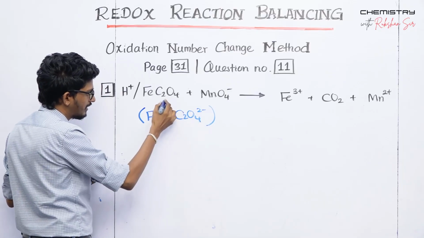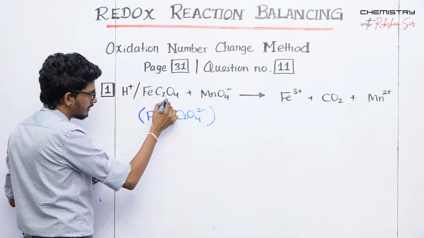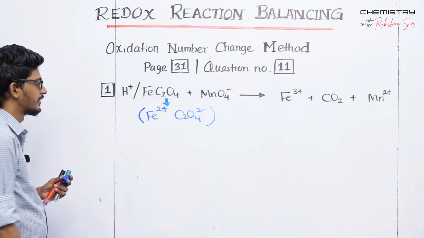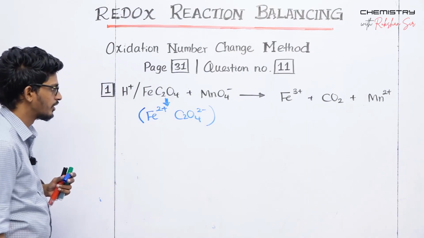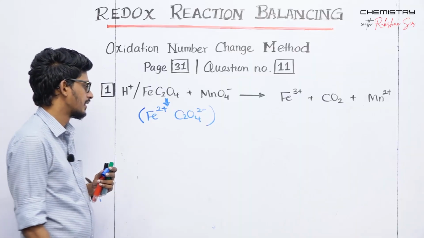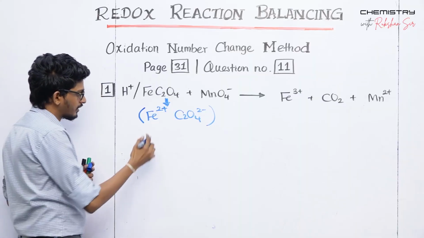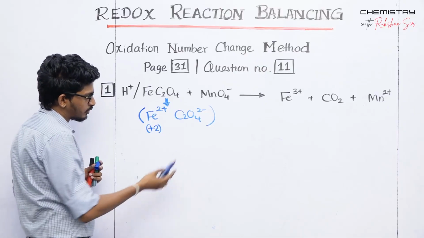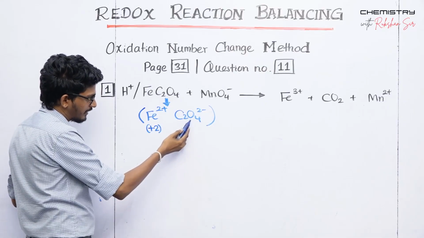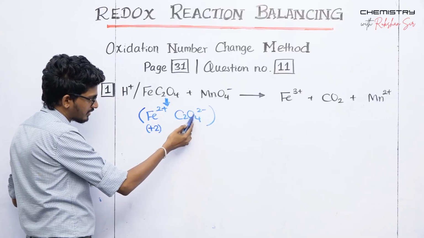Those are the 2 ions available here. C2O4 2- is the anion, the oxalate anion. The oxidation state of iron is +2, and the oxidation state of the carbon, let's calculate that, the oxygens are -8.